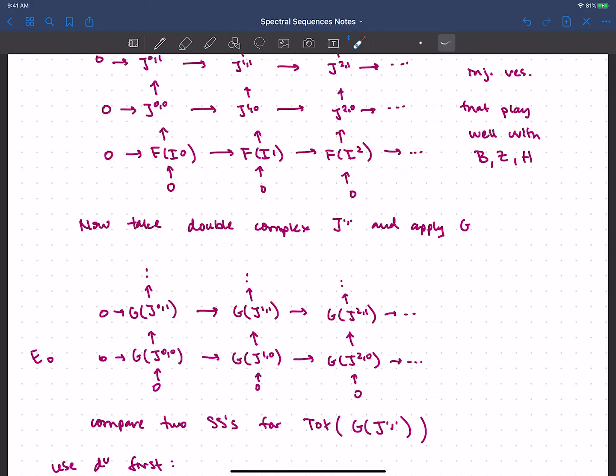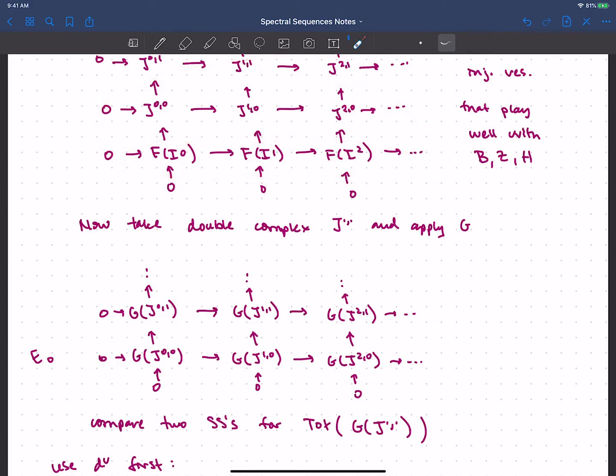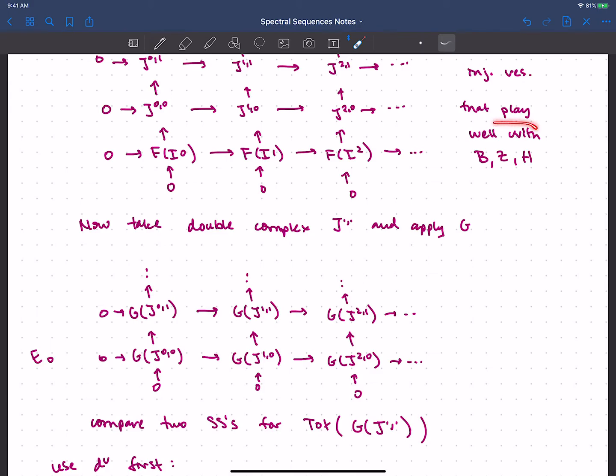So if I ignore this G stuff and forget that for a moment and go back to this complex, down here at the bottom, I take F, I apply it to my injective resolution for A, and then I take homology with respect to the horizontal, and that's going to give me the right-derived functors of F applied to A. Okay, that's not what I have here quite, right? But the whole point of this proper resolution is that it plays well with taking homology.